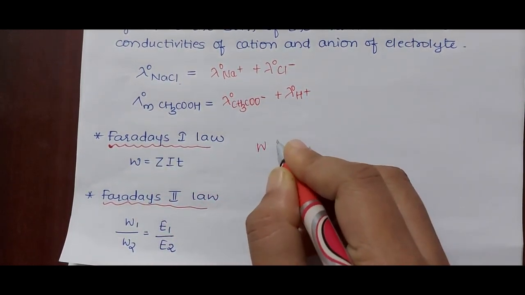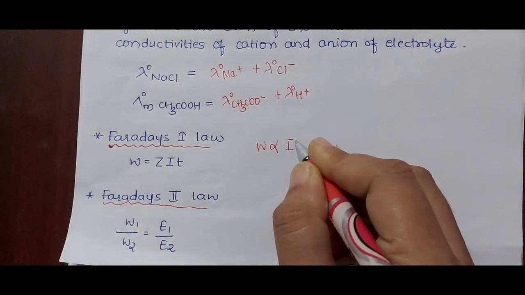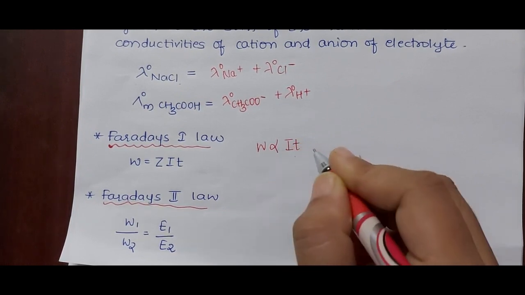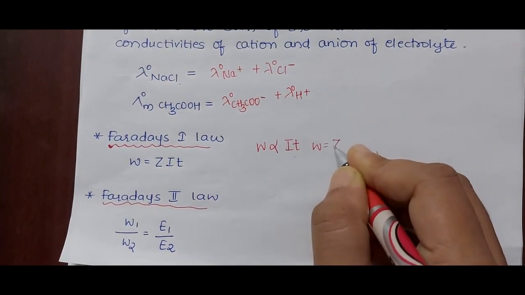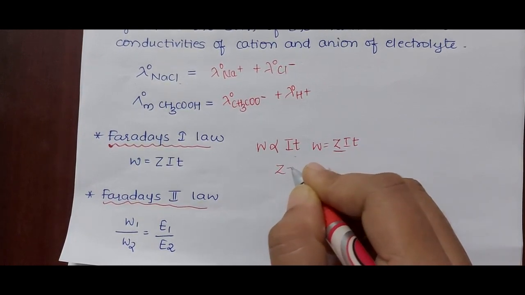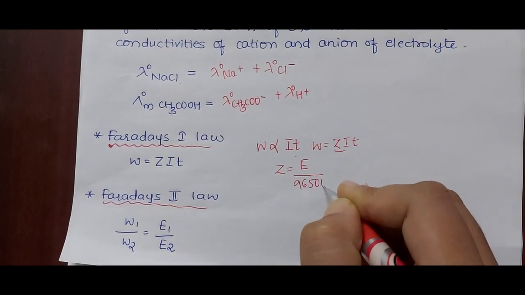So W is directly proportional to the current passed in amperes and the time in seconds, which is given as I t. To remove this proportionality sign, we take W is equal to Z I t, where this Z is calculated as E divided by 96,500.